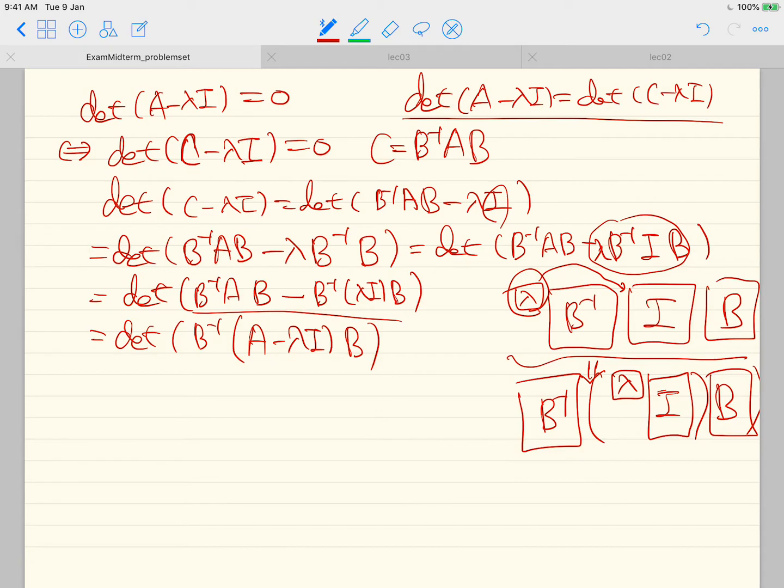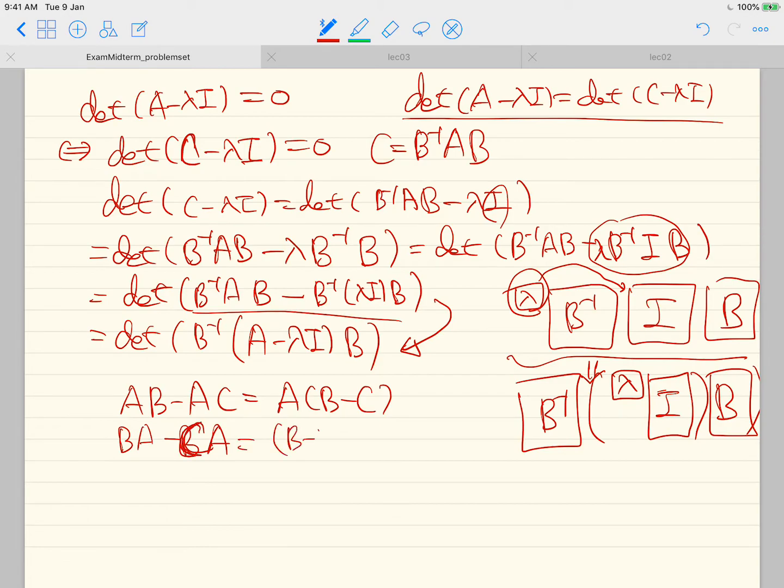So from here to here we just applied that AB minus AC is factored out into A times B minus C, and also BA minus CA is B minus C times A. We can easily factor it out, right?